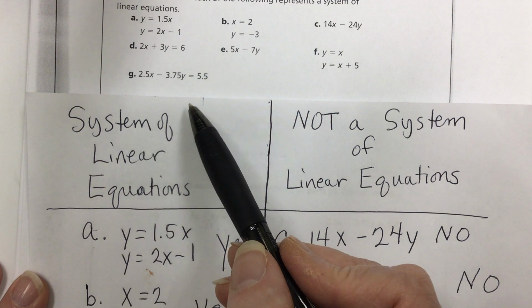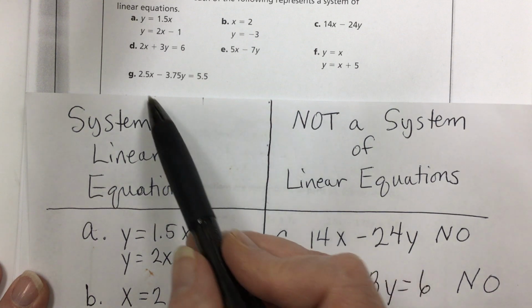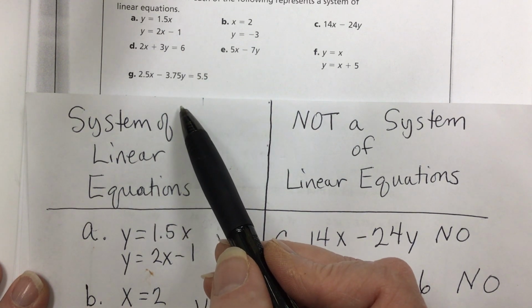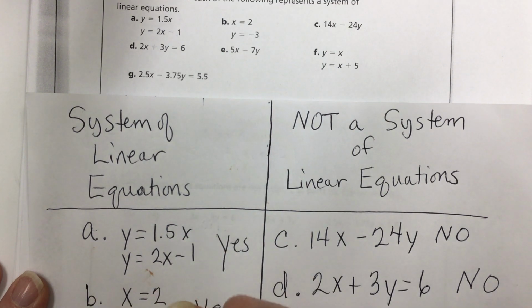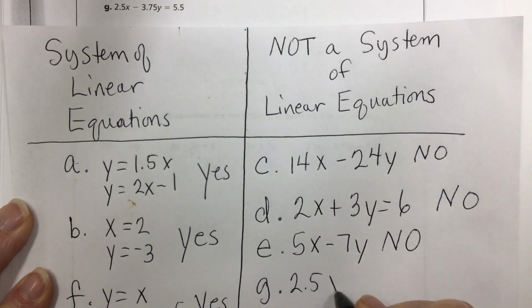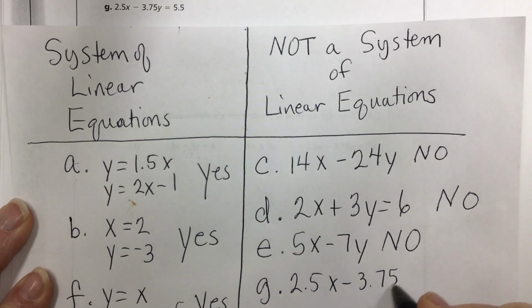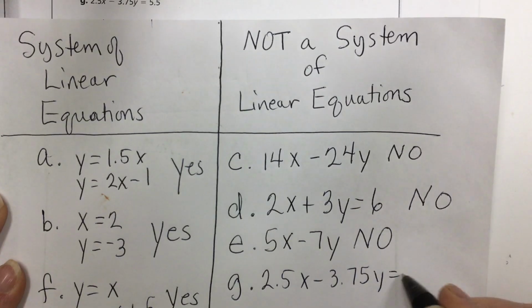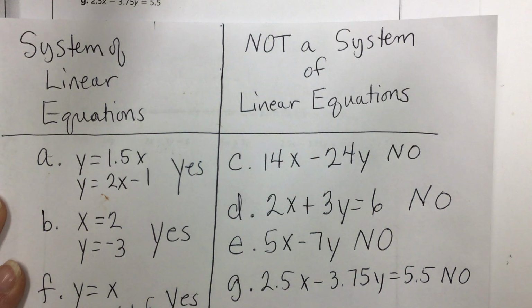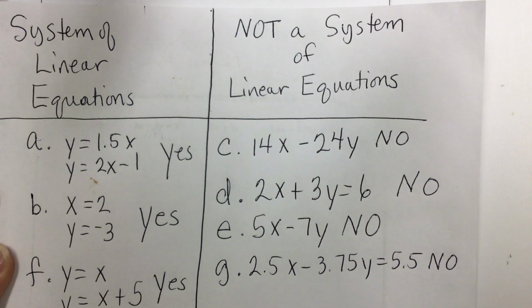It does have an equal sign, terms on the left, terms on the right. So yes, this is a linear equation, but I need two of them to be a system. One linear equation is not a system. So G would be no. 2.5x minus 3.75y equals 5.5 is not a system of linear equations.